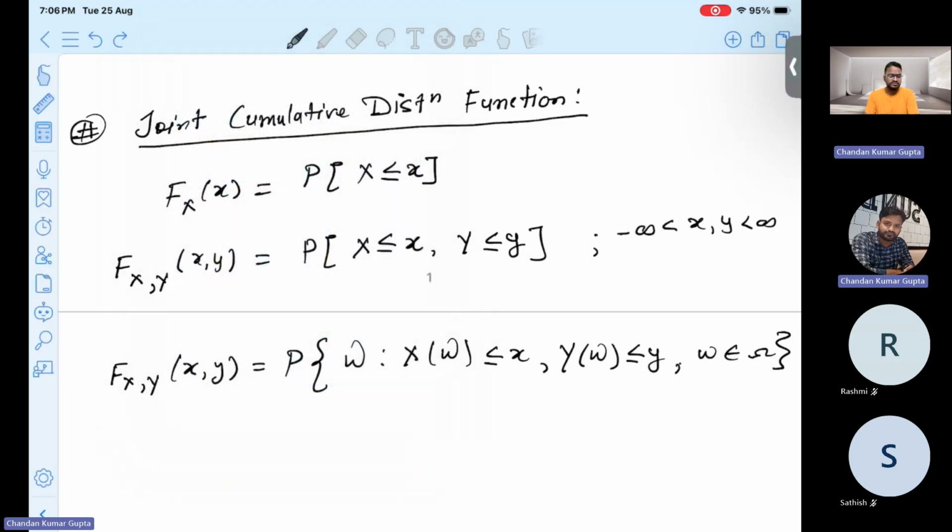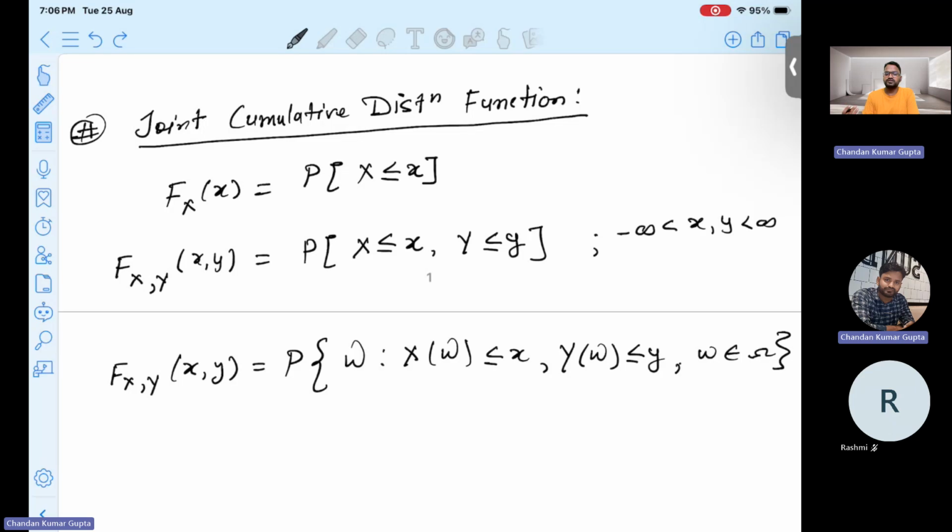With the help of this joint cumulative distribution, before going there, we will first check whether a given two-dimensional function is a valid joint distribution function or not.